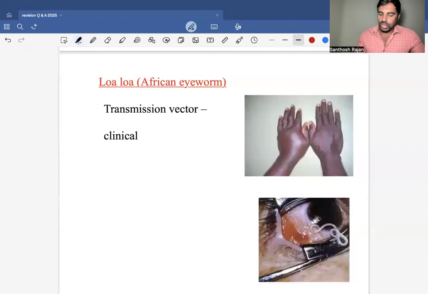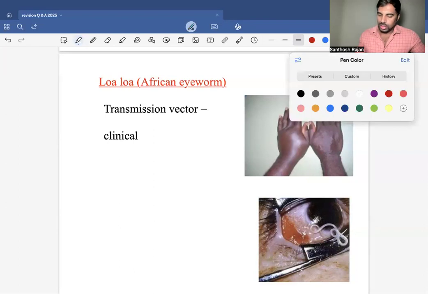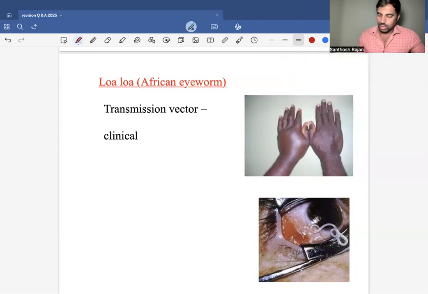So what is important here in Loa loa, once again, let's change the color. The transmission vector, just now I told you, is Chrysops, or we call it the deer fly. This is basically the African eyeworm, they call eyeworm another name.